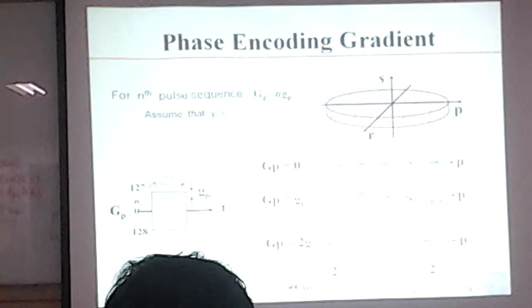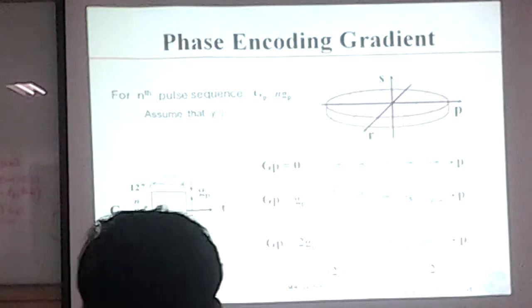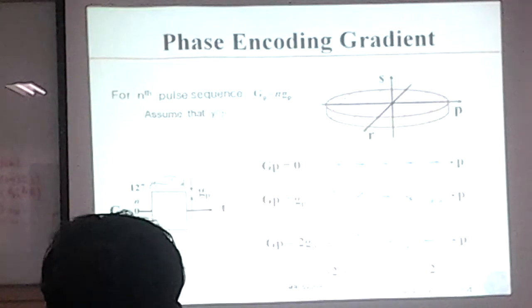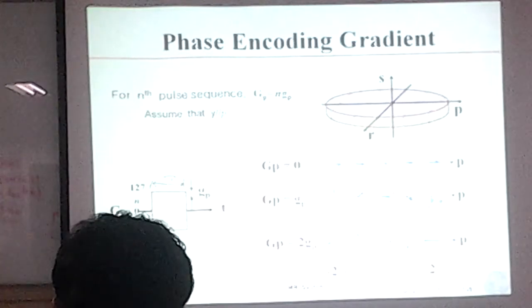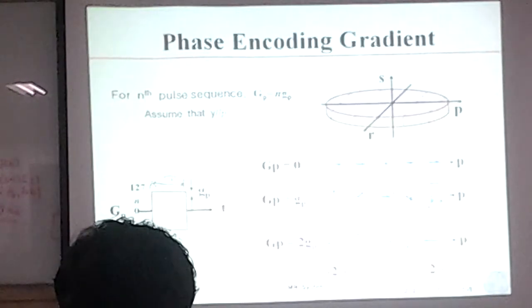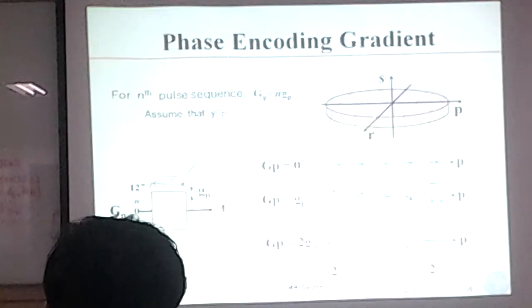Okay. After the phase encoding gradient, there are no magnetic field variations, so the positions of the spins are fixed like this. This is the final result of the phase encoding gradient.